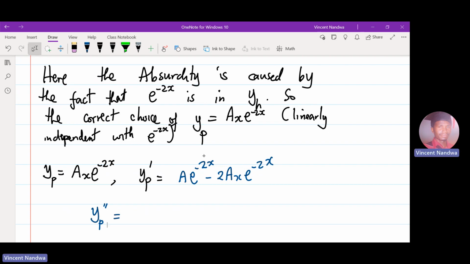Okay, so let's do it step by step. We have negative 2a e power minus 2x. That will be the derivative of the first term.